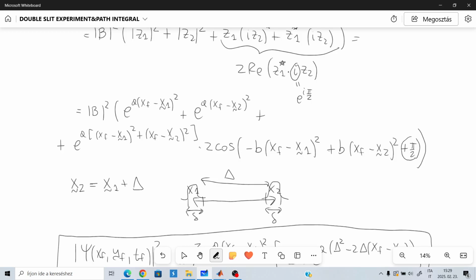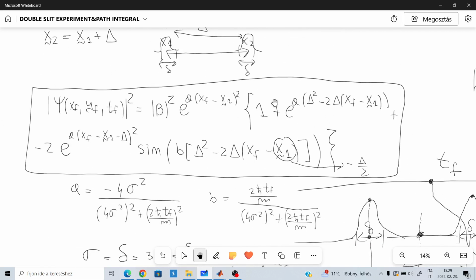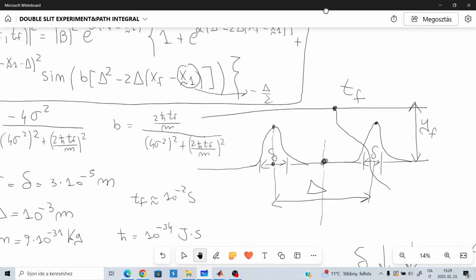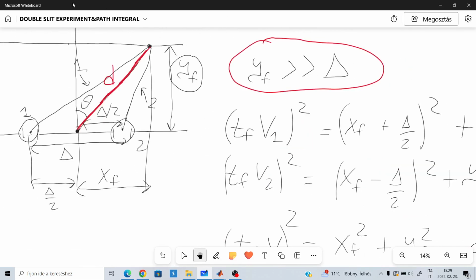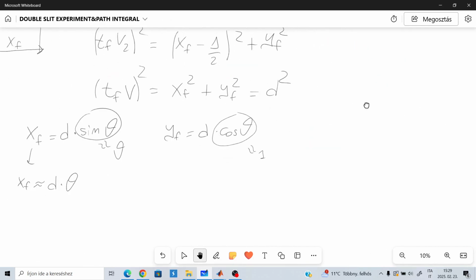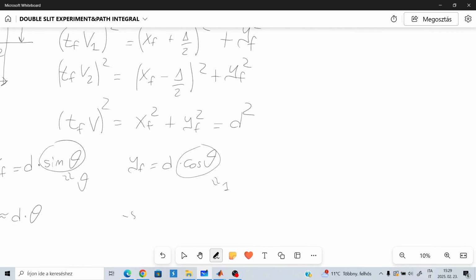But if we set this phase factor to 0 instead of pi over 2, then instead of having the minus sign in here, you would have cosine plus cosine. So instead of having minus the sine of all the rest, you have the cosine of this.